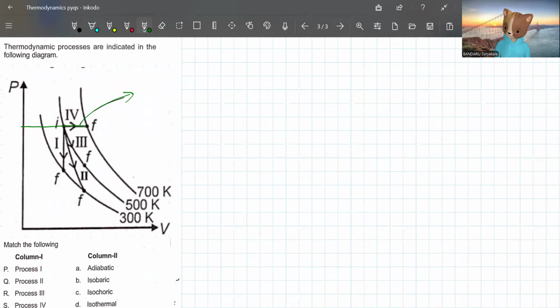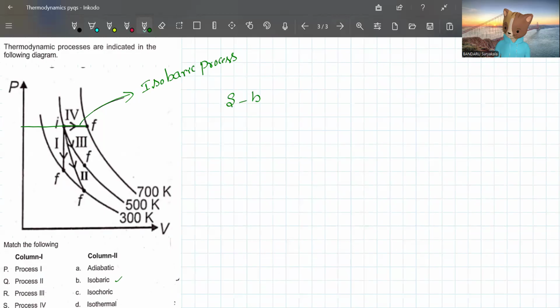The fourth graph is perpendicular to the pressure axis, which means it is an isobaric process. So the fourth one matches with the isobaric process. Isobaric means here B. So S should be matched with B.